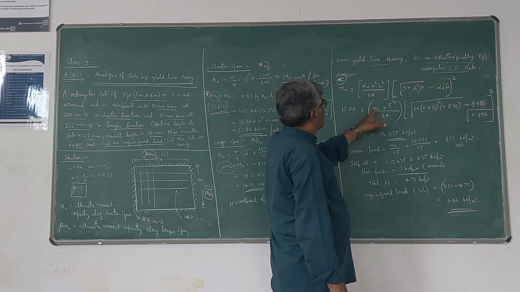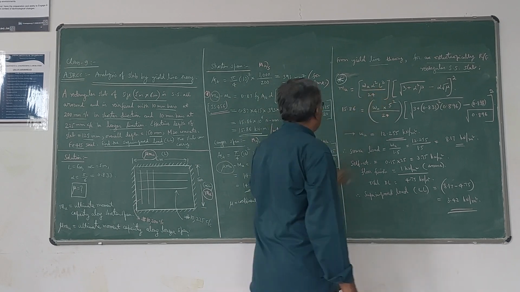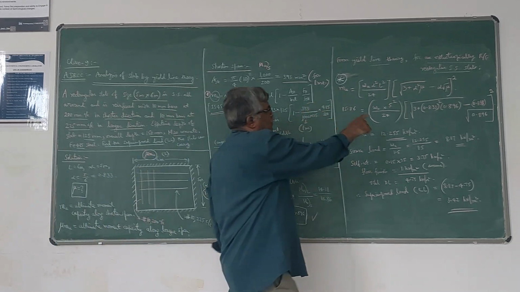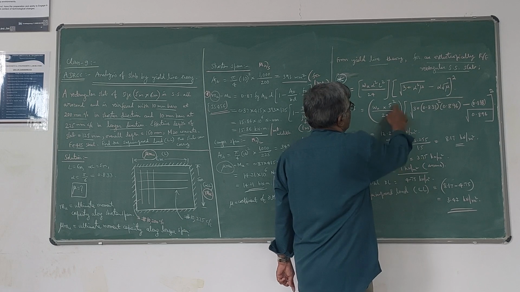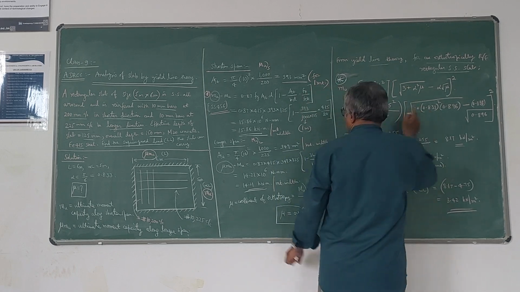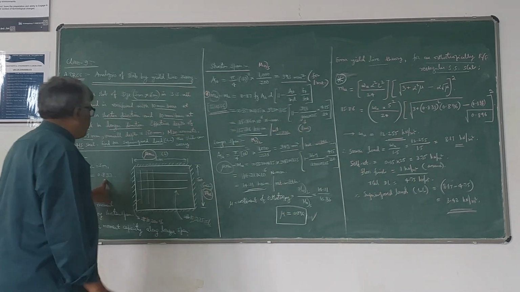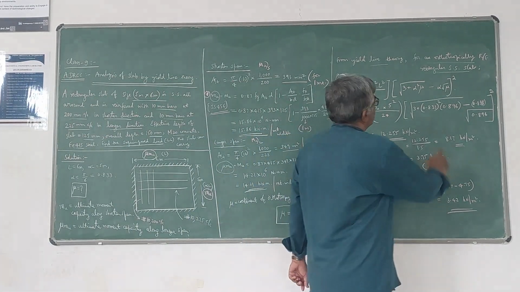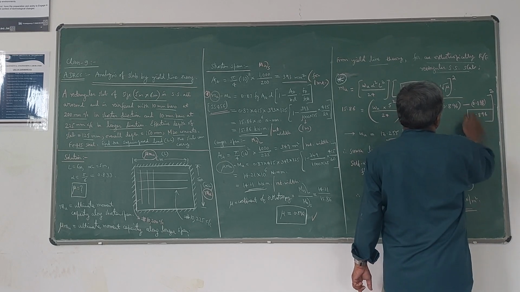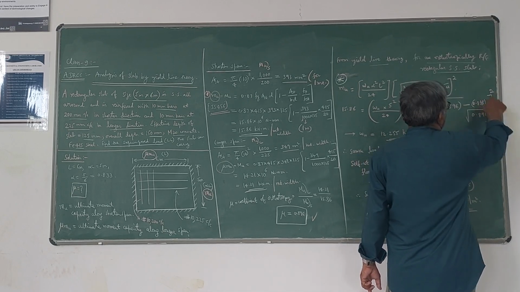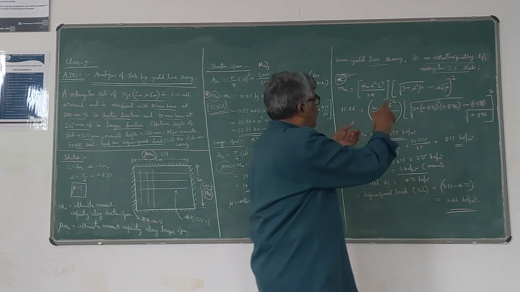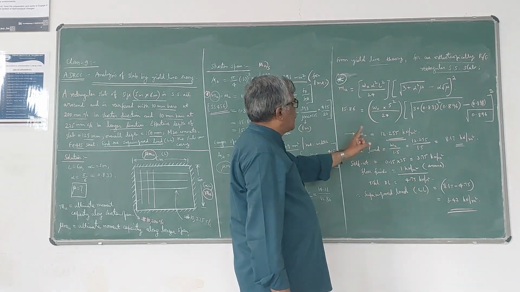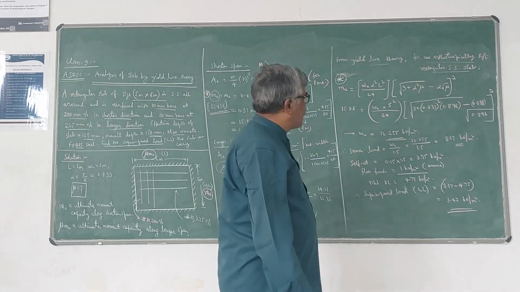So Wu is unknown, into alpha L, which is 5 meters, so alpha square L square becomes 5 square, divided by 24 into 3 plus alpha is 0.833, alpha square into mu is 0.896, minus alpha is 0.833 into root of 0.896, the whole square, the entire thing to the power of 2. If you simplify this, you will get Wu as 12.255 kilonewton per meter square.